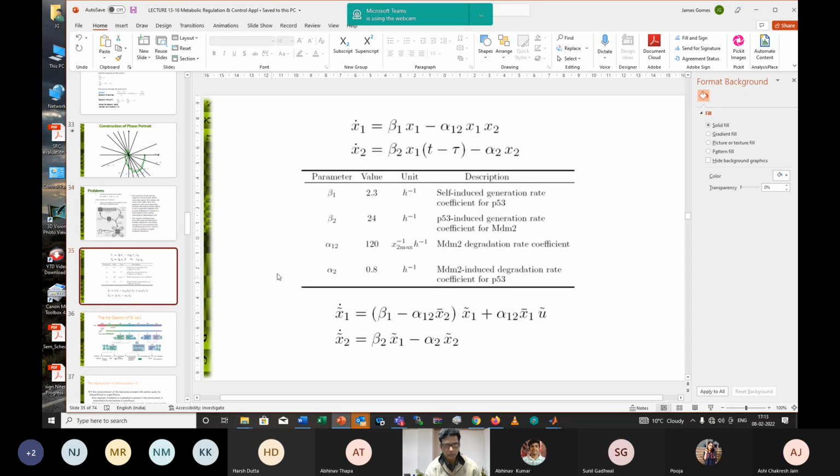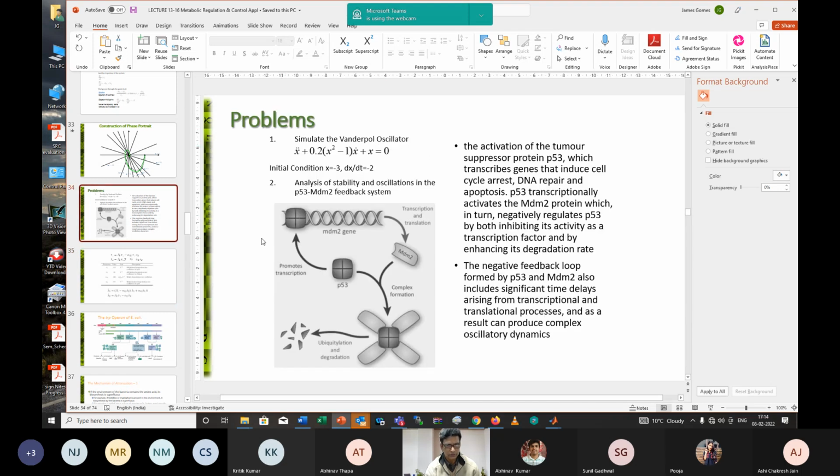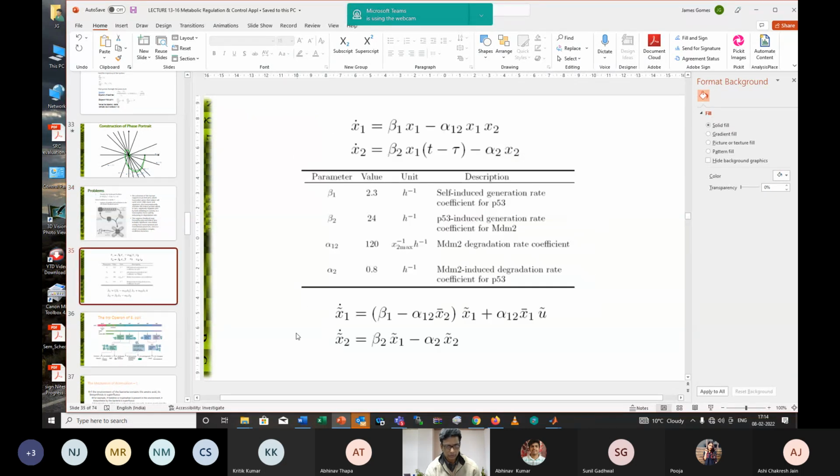This model looks at 2 variables: the first one is P53, the second, X2, is MDM2, and these are the parameters. The descriptions are given here, and based on that, you can simulate this model. Once you simulate it, you can find out whether or not it is stable or unstable. I've left it at that because this was supposed to be a problem to be done by the students. So you could try that out by yourself, and I will not go into the discussion of that.